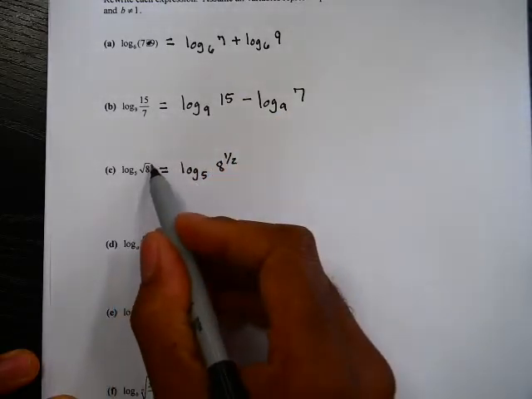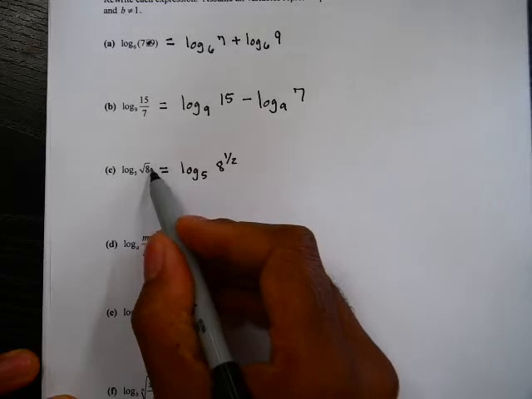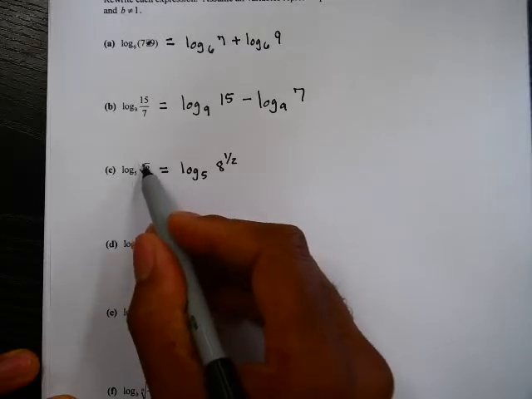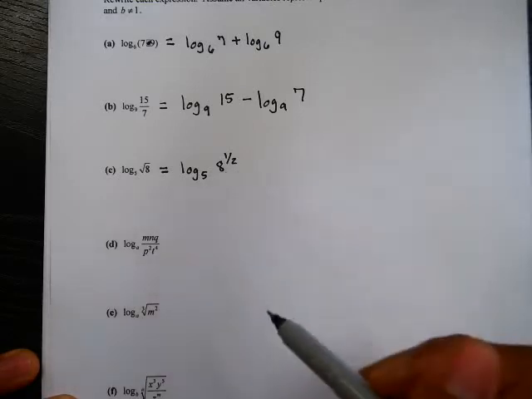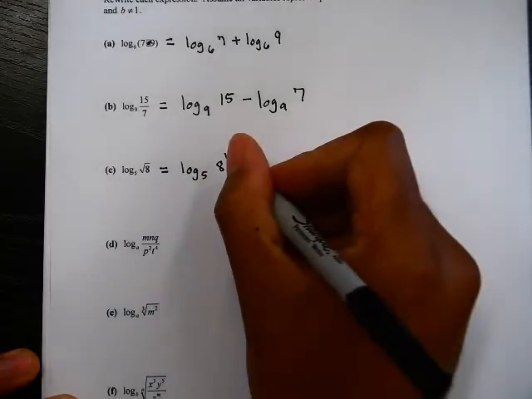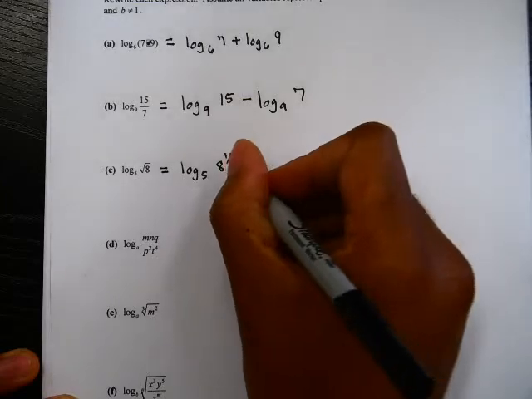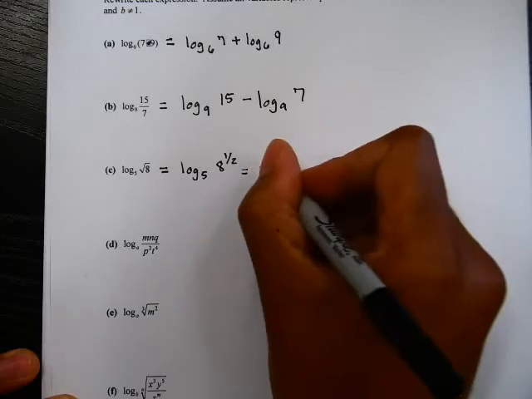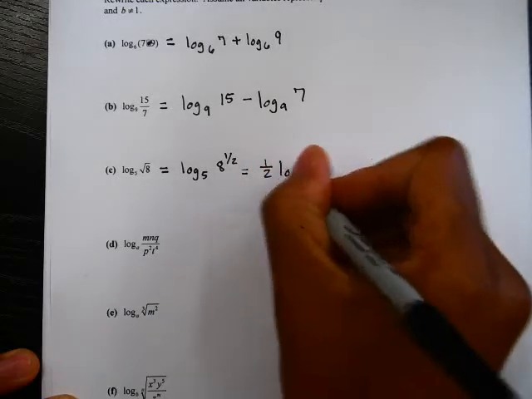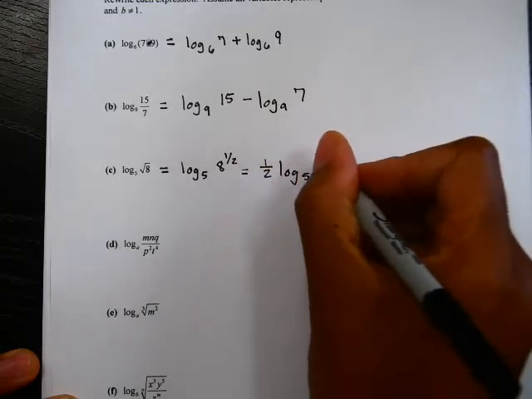It's understood to be 8 to the first power on the inside of that radical, and the root of that radical is 2. So we can rewrite that as an exponential expression, 8 to the 1/2 power. Now, using the power property of logarithms, that 1/2 comes to the front of that log, so this would be 1/2 log base 5 of 8.